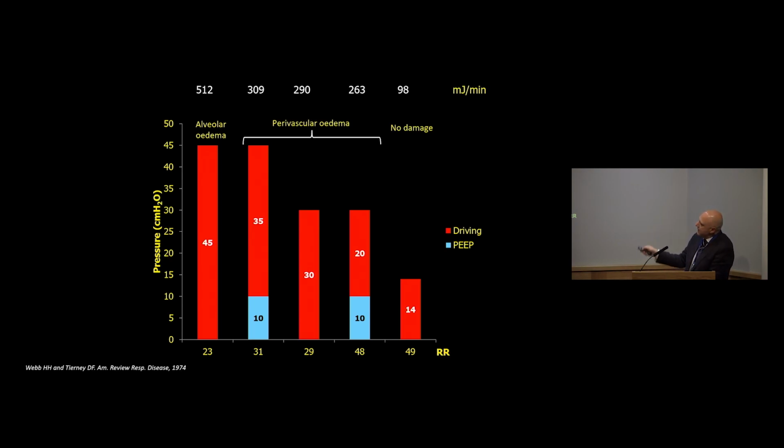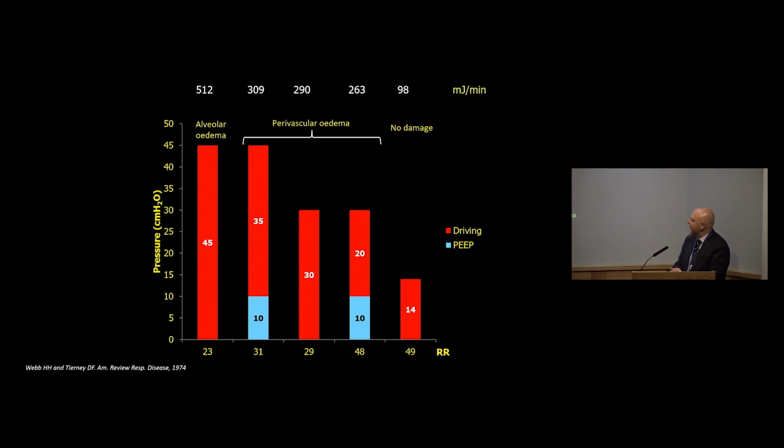And you can see here 45/0 with a different respiratory rate. You can see that as you go up from 14, 20, 30, 35, 45, you've got no damage, perivascular edema and alveolar edema, so with increasing level of driving pressure regardless of the PEEP.